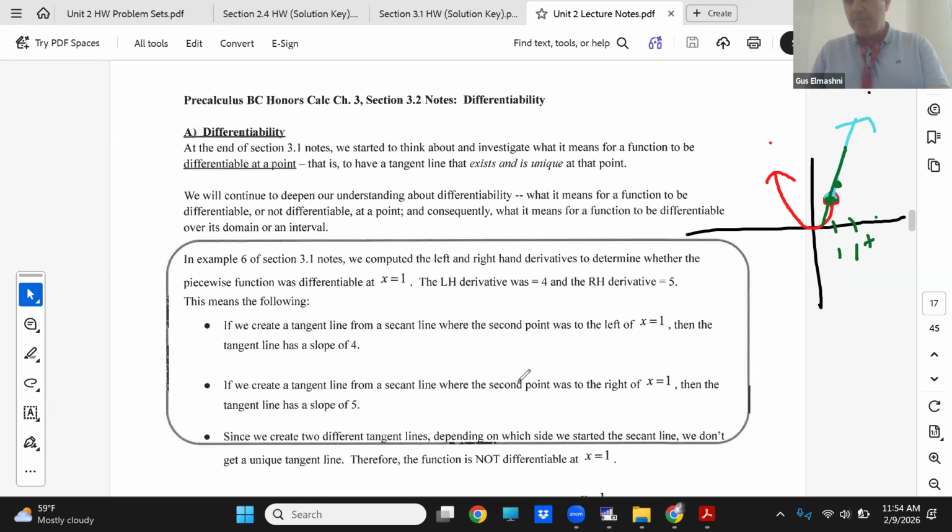That's slope 5. Since we create two different tangent lines depending on which side we start the secant line, we don't get a unique tangent line. Therefore, we're not differentiable at x equals 1. Essentially, these are not the same. They don't equal each other, right? That's a problem. The left-hand derivative does not equal the right-hand derivative.